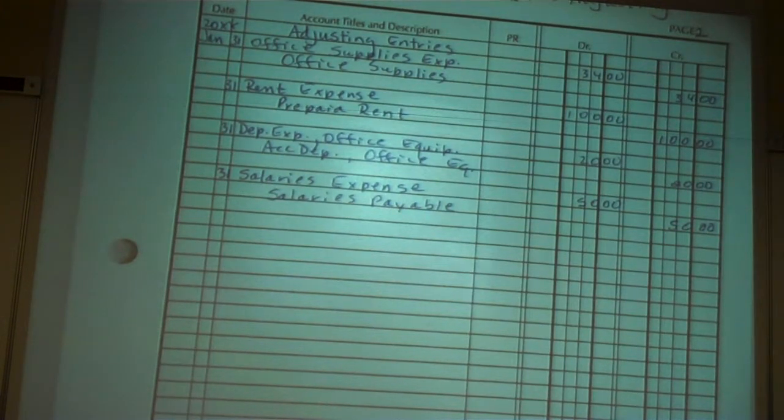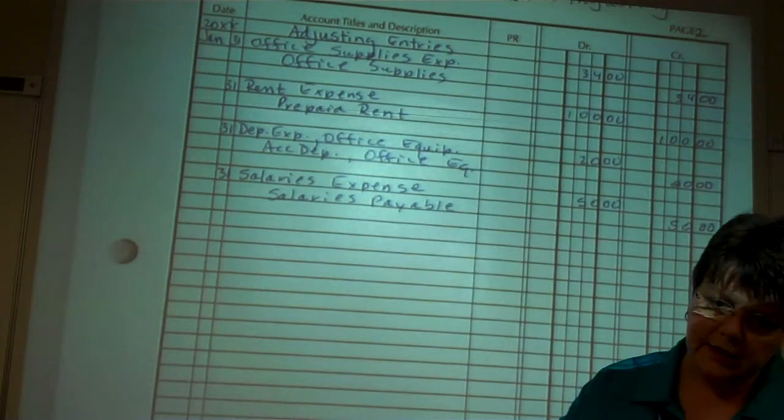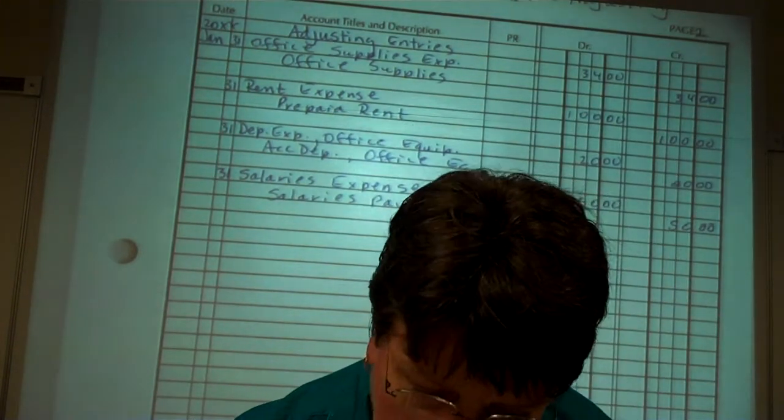Our next step is going to be to post to those 8 accounts. You have the ledger pages. The first one is going to be office supplies expense. So find your office supplies expense in your packet.